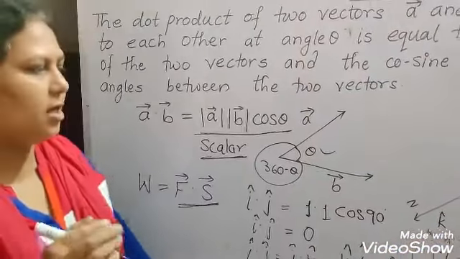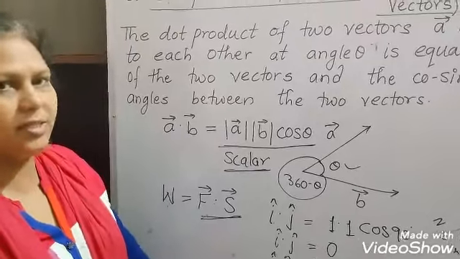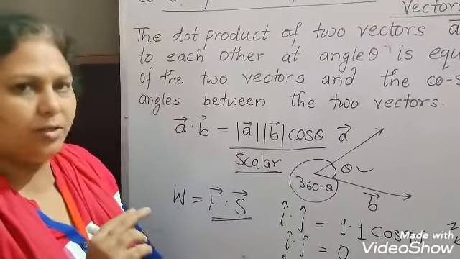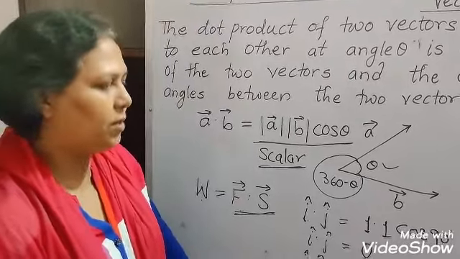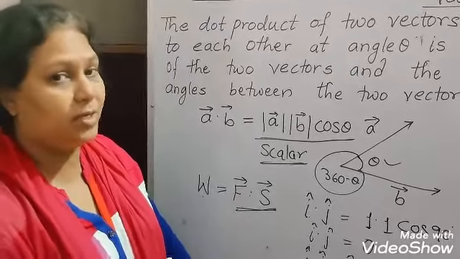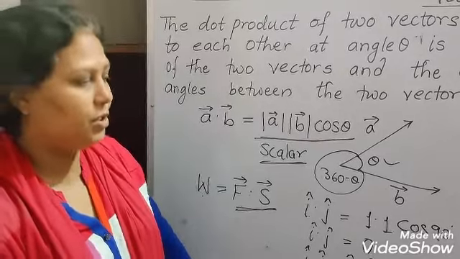That means if we take the dot product of two different unit vectors, the value will become 0.